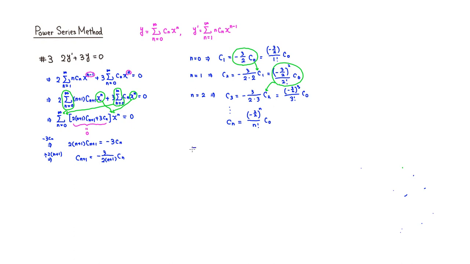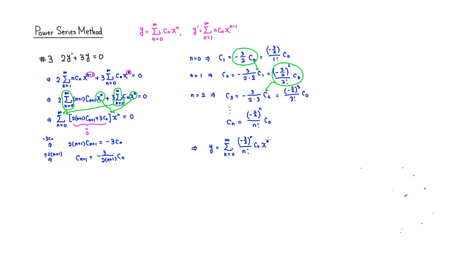Remember that y is the power series, summation, n goes from 0 to infinity. So Cn looks like this: negative 3 over 2 to the n over n factorial, C0. Then you have x to the n. Let me do a little bit of rearranging so that we can recognize this function.